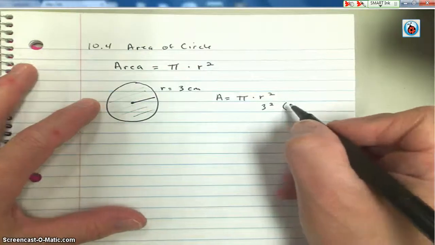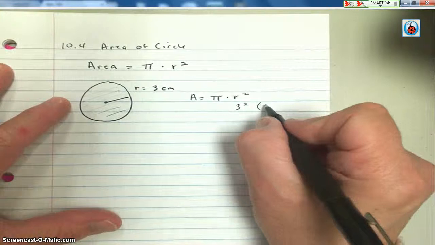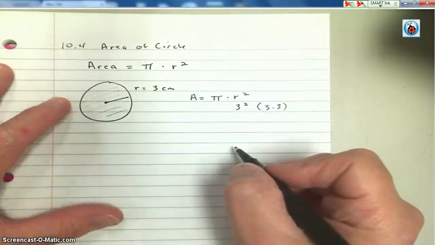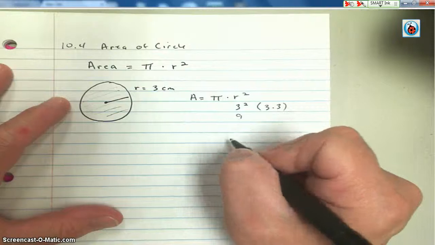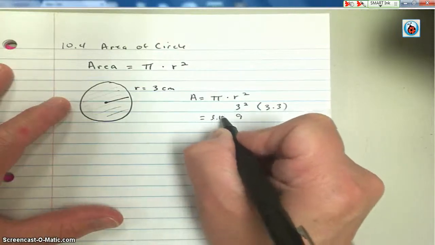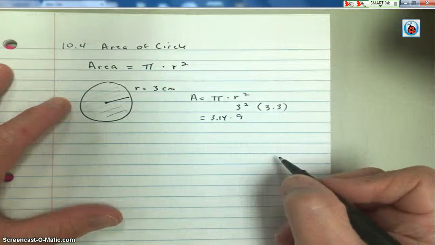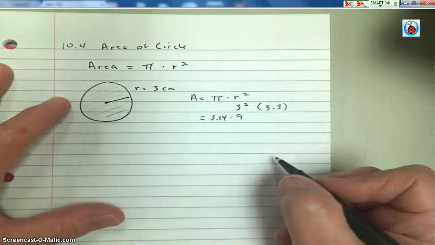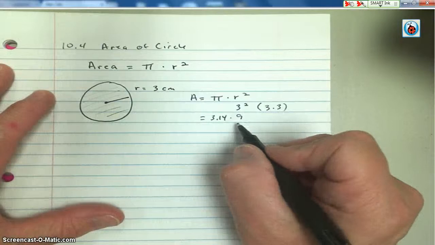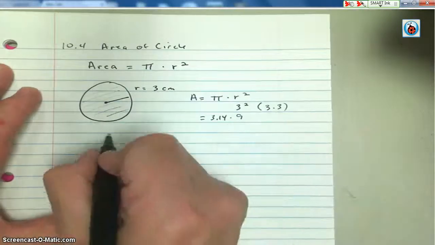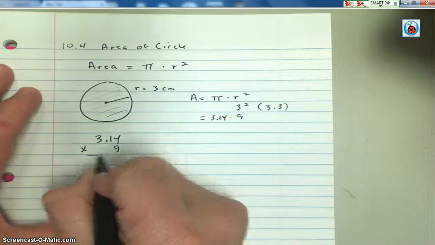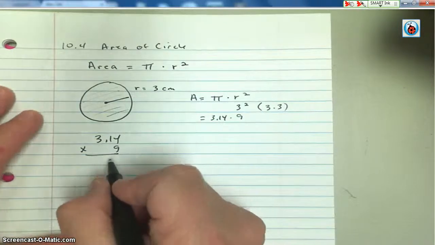And we know that 3 squared is like saying 3 times 3, so 3 squared is equal to 9. And pi is 3.14. That was our calculation for pi. So our area is going to be equal to 3.14 times 9. This number is pretty small, so we can just calculate that over to the side here, or you can use your calculator as well.